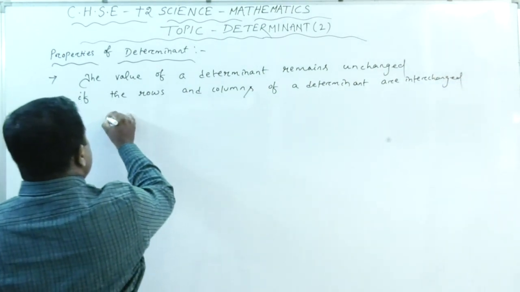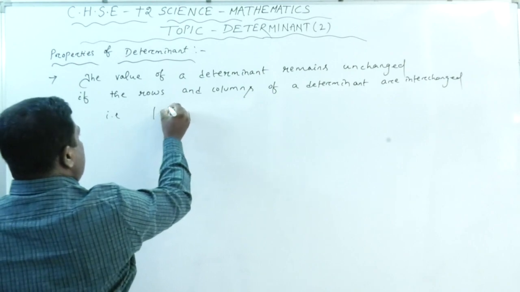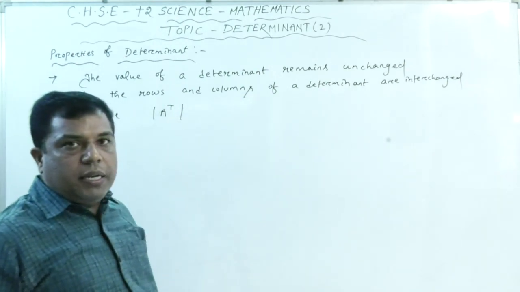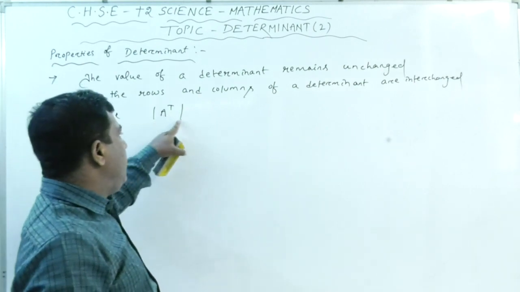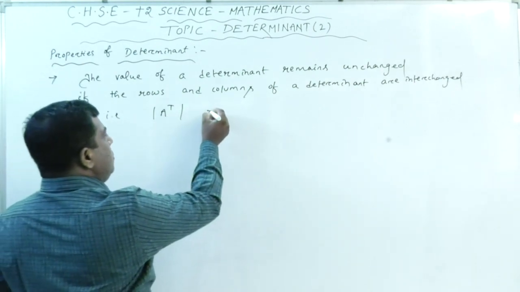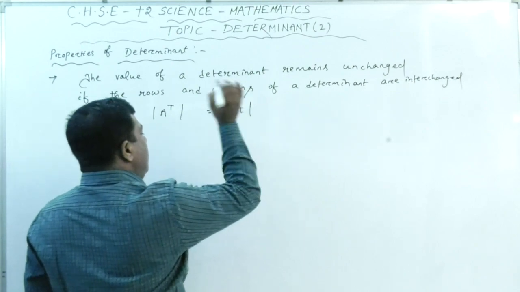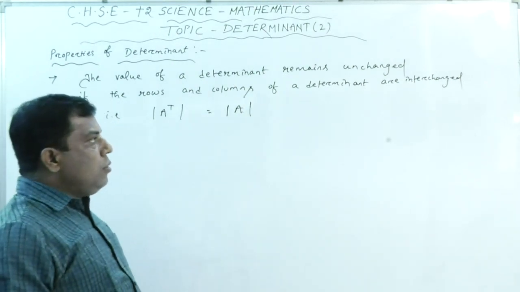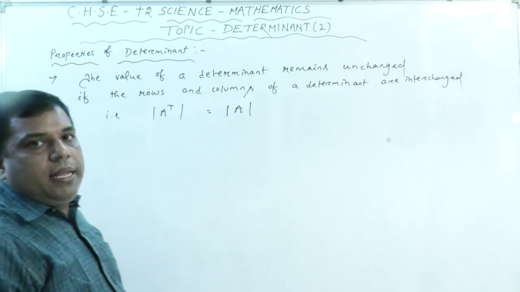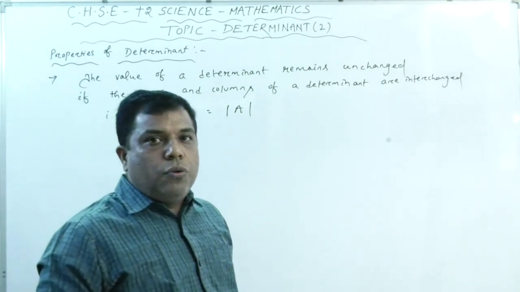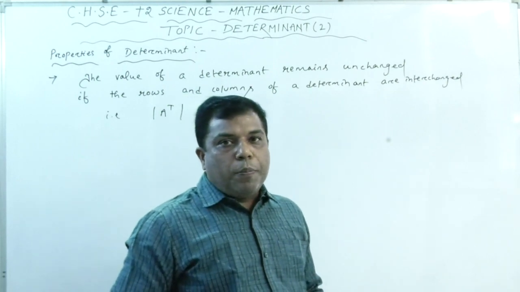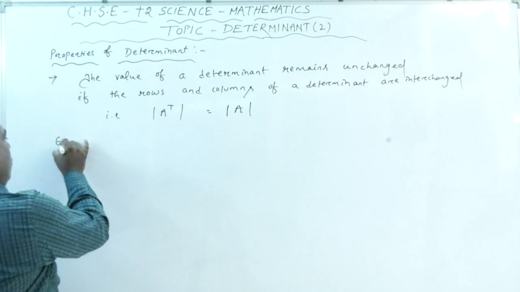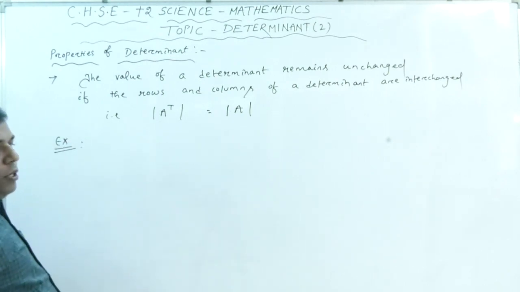That is, the determinant of the transpose of any square matrix A is equal to the determinant of the original square matrix A. Let us go with an example for proper understanding, and with an example I am going to show you the property.